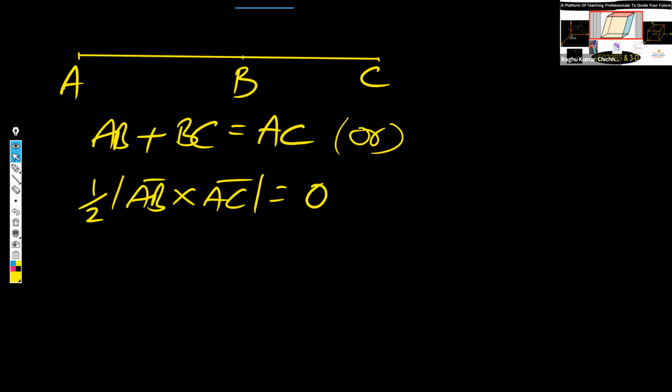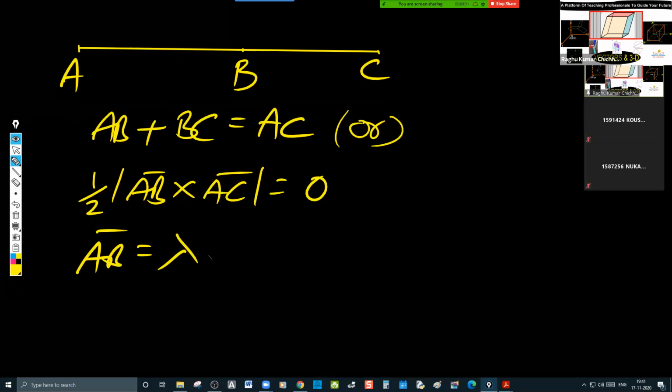Yeah, if 3 points A, B, C are collinear, then AB plus BC is equal to AC, or half modulus of AB bar cross AC bar is equal to 0, the area of the triangle. Or if two vectors are parallel in the vector form, AB bar is equal to lambda into AC bar. That is, they are proportional.